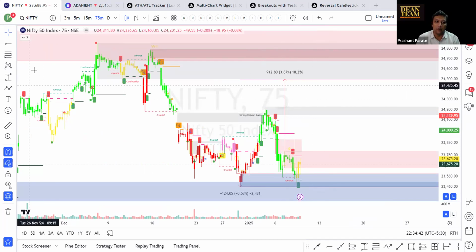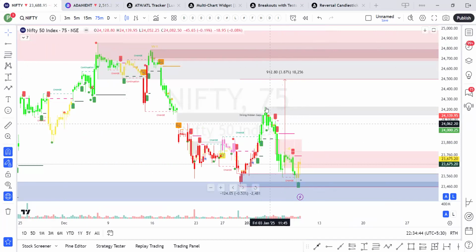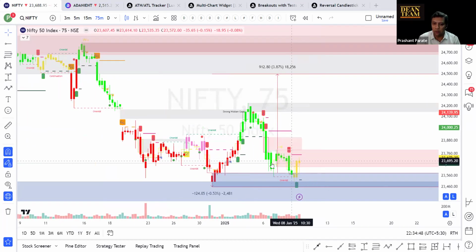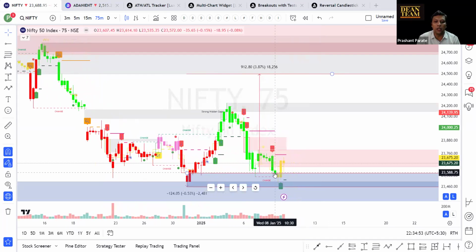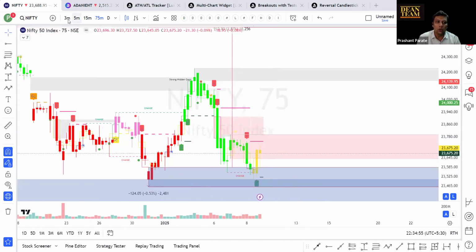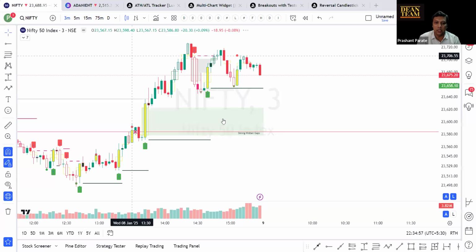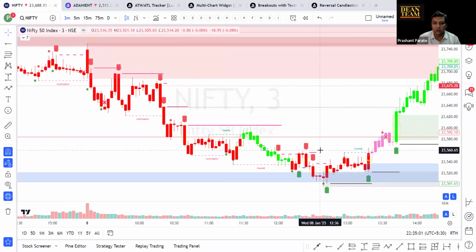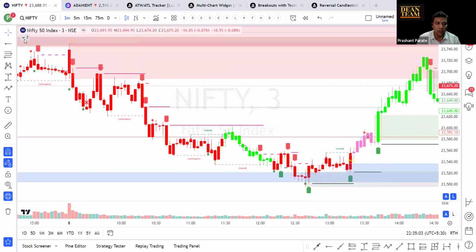What I prefer, I will tell you. If I want to sell a put, I will sell it when price touches the buying area. Then I will go to the 3 minute or 1 minute chart and let it create some low like this. Let me hide the indicator.